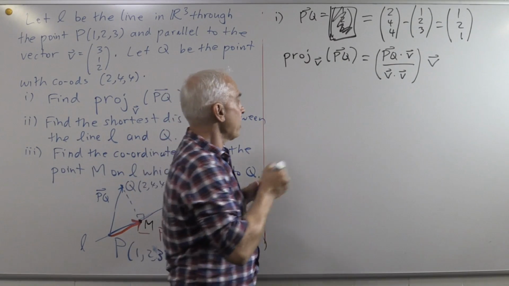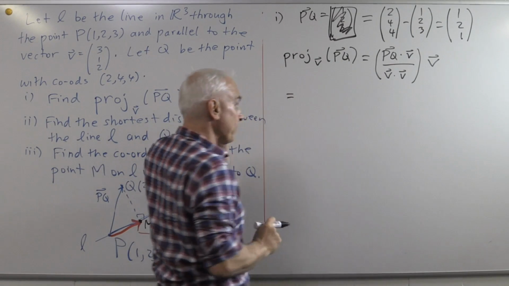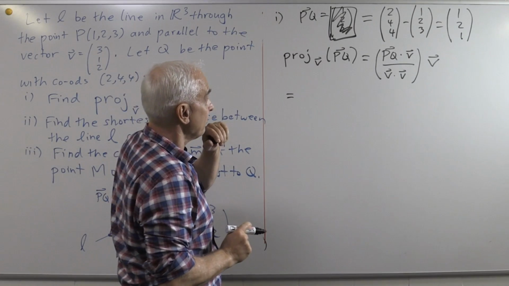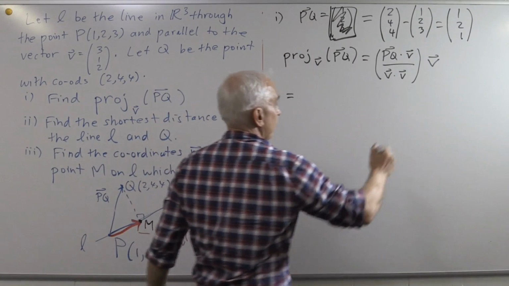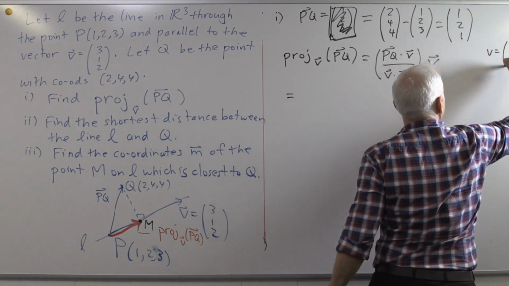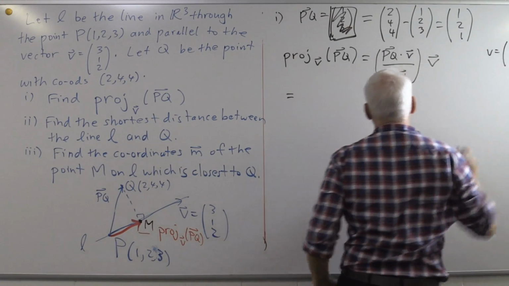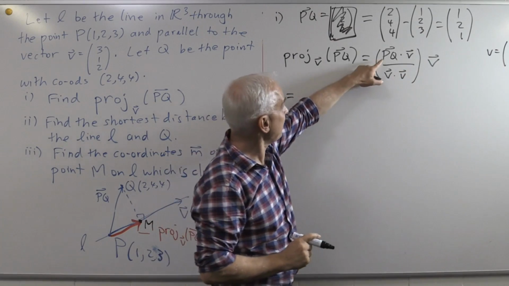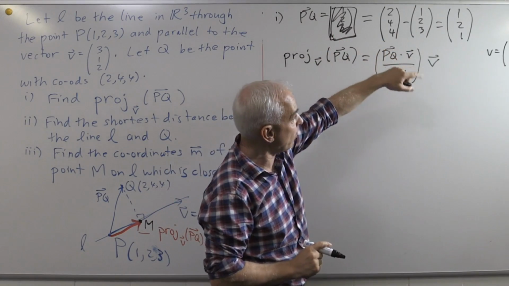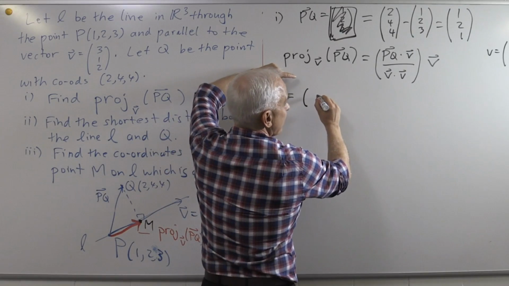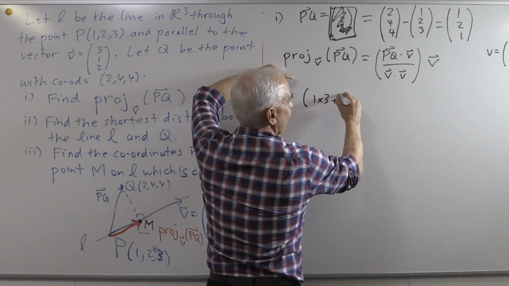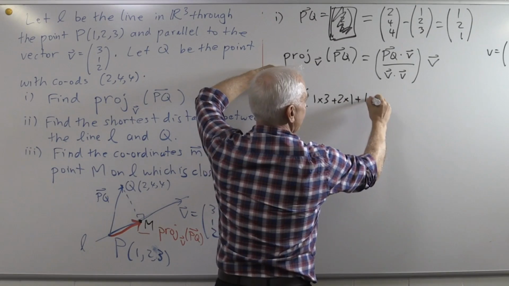Okay, so in our case, what do we have? PQ dot V. Well, V, we remind ourselves, was 3, 1, 2, so I'm going to put that over here. So we're taking the dot product between PQ, which we've just calculated is 1, 2, 1, and 3, 1, 2. So that dot product is going to be 1 times 3 plus 2 times 1 plus 1 times 2.